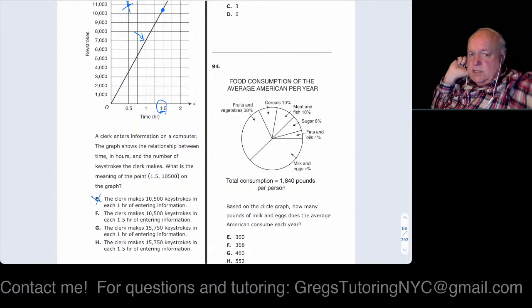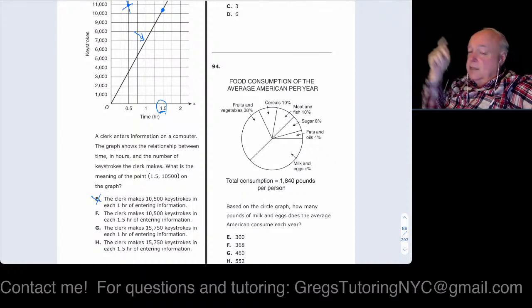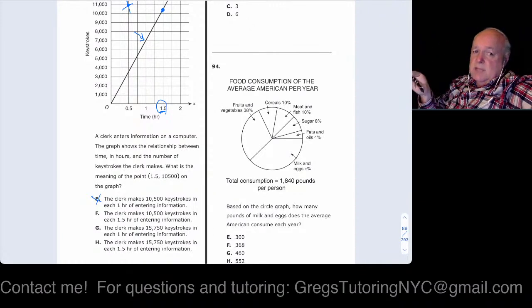Yes, I originally said it in the reverse, that in 1.5 hours they make 10,500 keystrokes. But just like the miles per hour example on the other question, we can flip it. So if 1.5 hours means 10,500 keystrokes, then 10,500 keystrokes means 1.5 hours. So the answer there would be F.